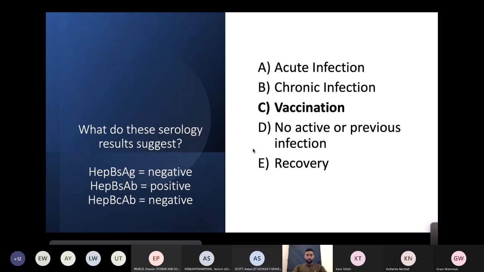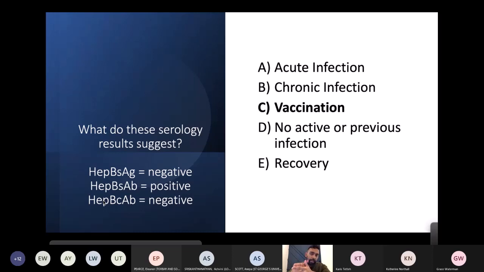Okay, so I'll run through this. The first point, the hepatitis surface antigen is negative. So if the surface antigen is negative, this person has not got an infection. The next part is the hep surface antibody is positive. So you think, okay, it can be positive because they've previously had an infection and they have immunity, or they've been vaccinated.